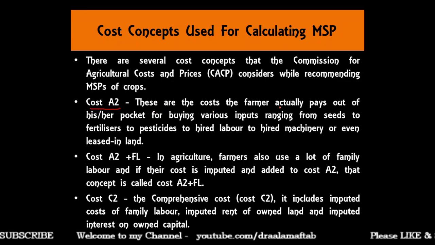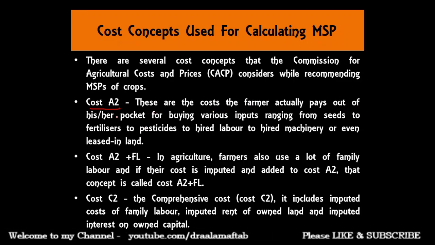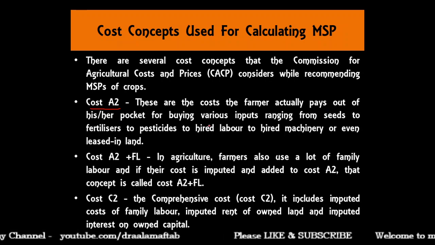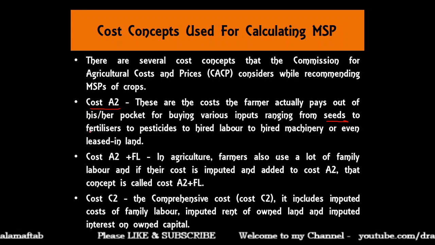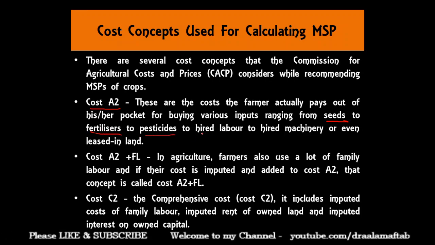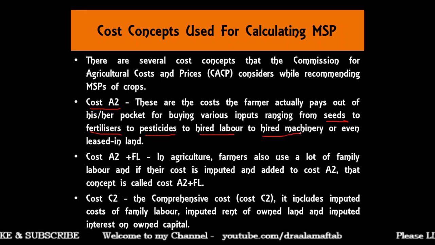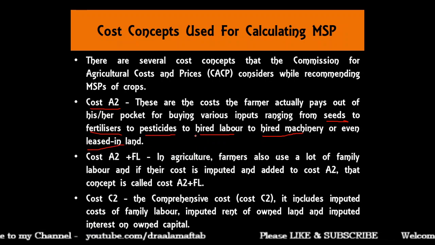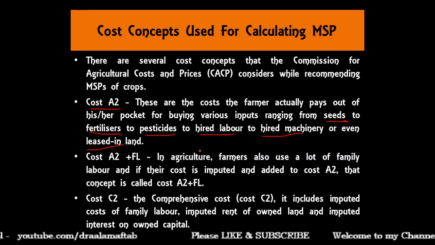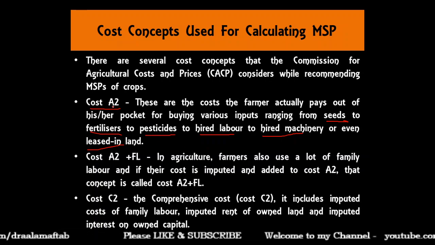These are the costs the farmer actually pays out of his or her pocket for buying various inputs, that is seeds, fertilizers, pesticides, hired labor or hired machinery or leased-in land. Whatever actual payment is made by the farmers, that is taken into account in this cost.